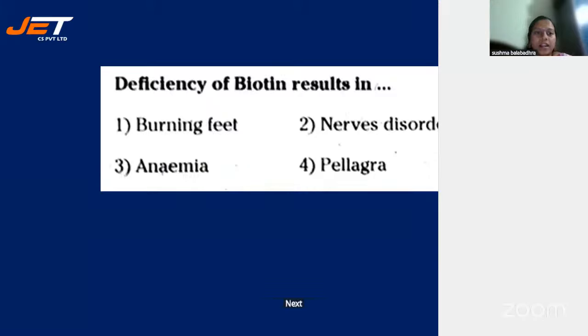Next, deficiency of biotin results in: burning feet, nervous disorder, anemia, pellagra. What is the correct answer, students? Deficiency of biotin results in.